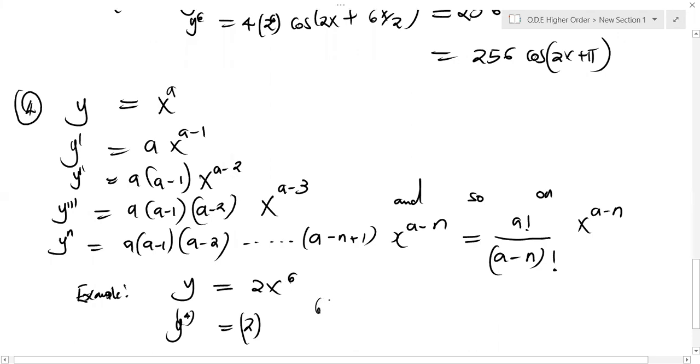So we'll have 6 factorial, all this divided by 6 minus our n, which is 4, factorial, and then x raised to the power a minus n, which is 6 minus 4. So evaluating this will give us 720 x raised to the power 2.